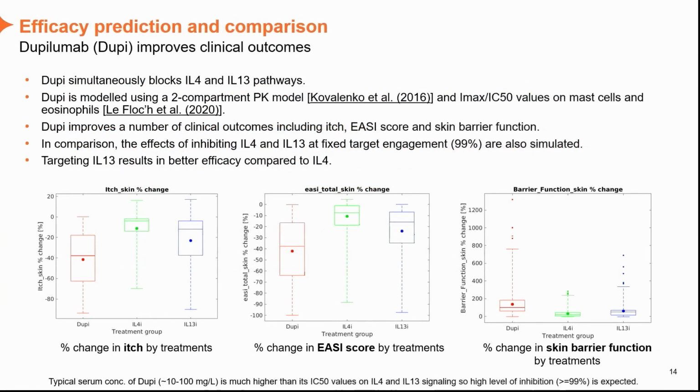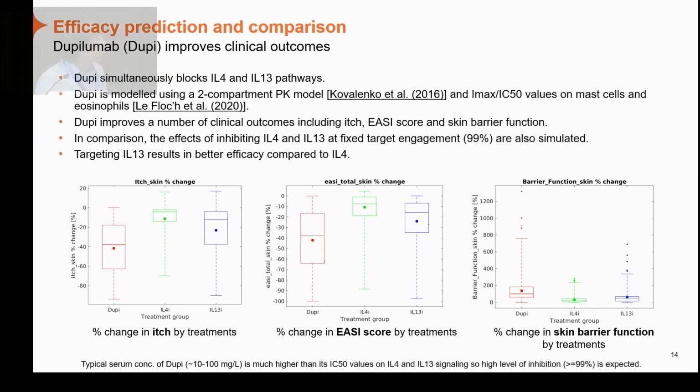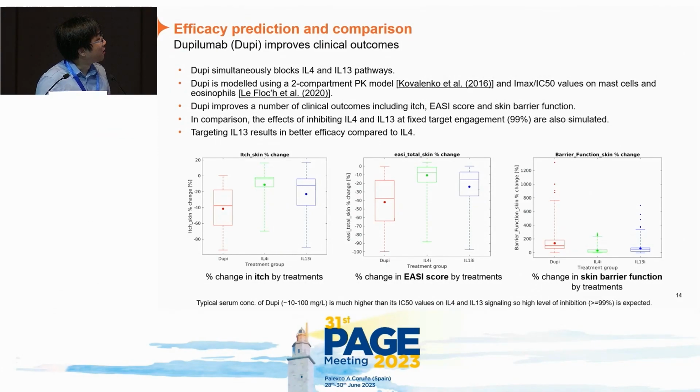So these are the model predictions for dupilumab for a few different endpoints. So we have itch reduction, EASI score reduction, and skin barrier function improvement. And the dupilumab is modeled here via a two-compartment PK model that has been published.